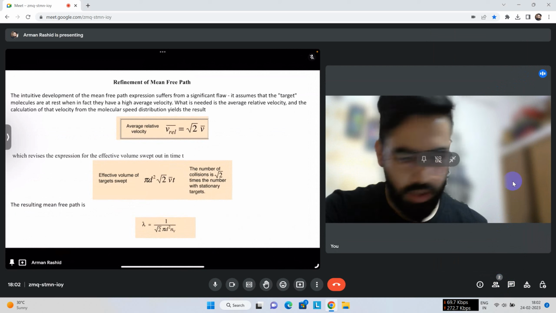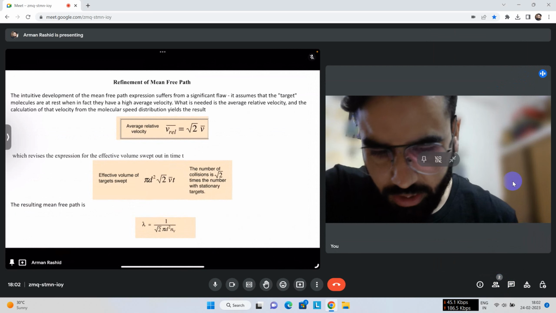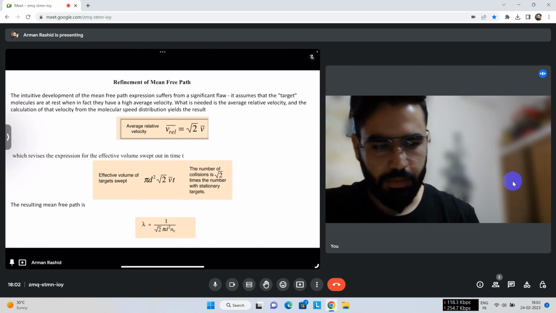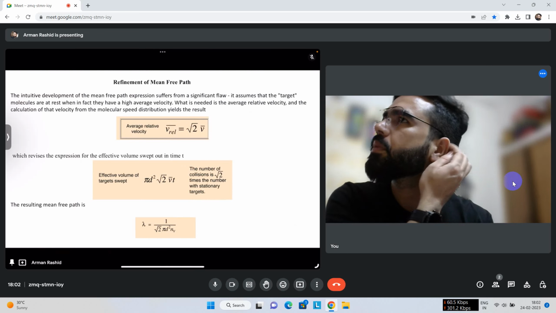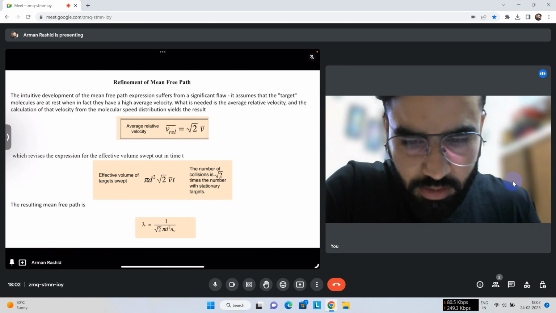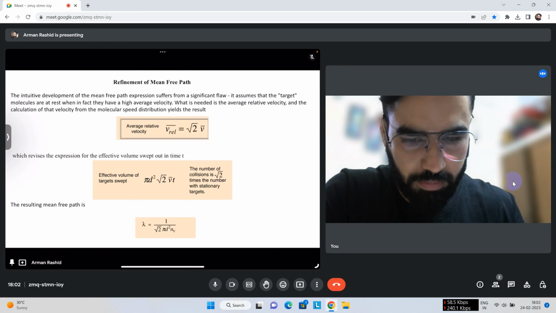They are all related to the diffusion and the viscosity, and today I'll first do a brief overview of some of the topics, that is the refinement of mean free path.